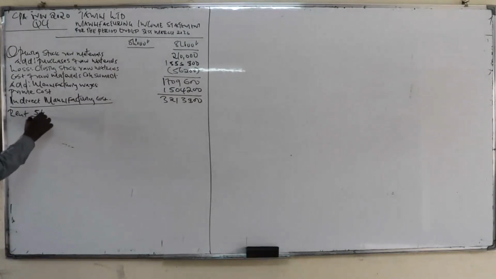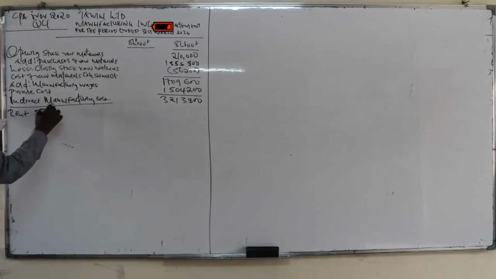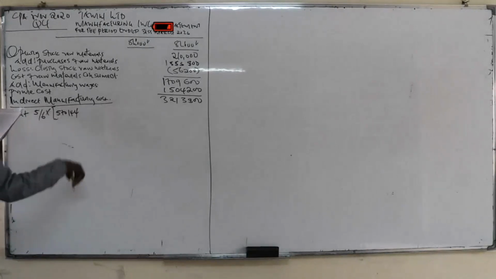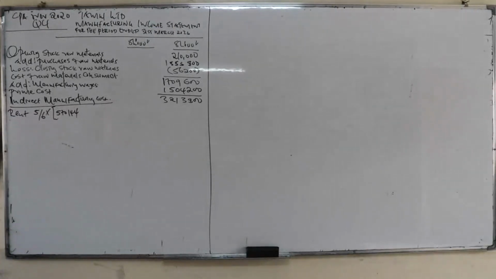So 5 out of 6. And then you multiply by the rent cost that is indicated in the trial balance, is how much? 570,144. Can you see it? 570,144. Is it so? 571. And then you adjust for rent, accrued rent is 69.63.